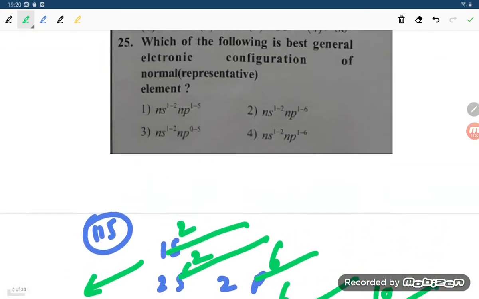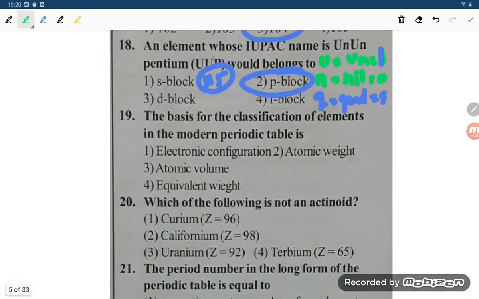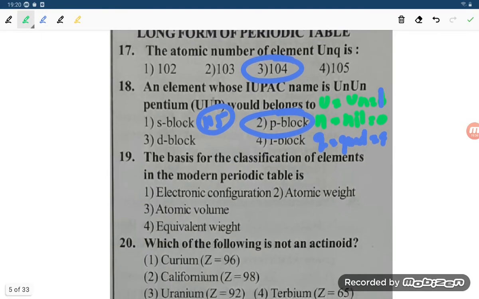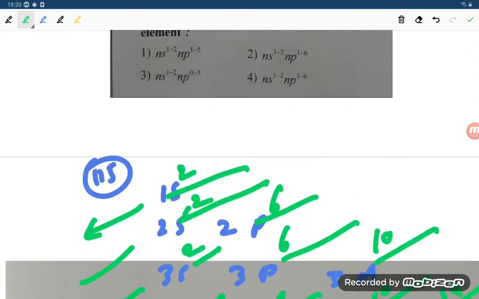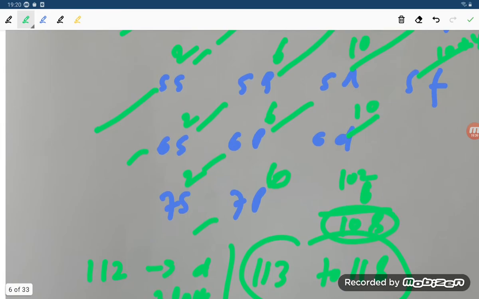So for 6p, how much is Uup, 115? Okay, somewhere we are making mistakes.